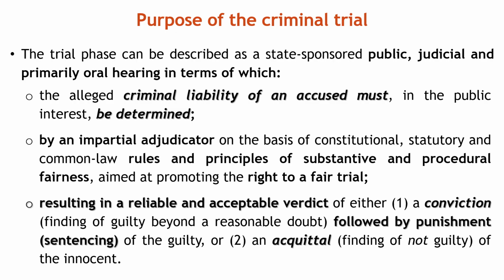The result of this is a reliable and acceptable verdict of either a conviction, in other words, a finding of guilty beyond reasonable doubt, which is then followed by sentencing and punishment, or a decision by the court that the accused is not guilty and is therefore acquitted because he or she is innocent.